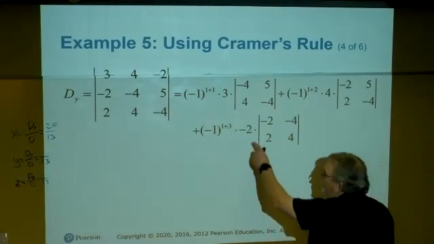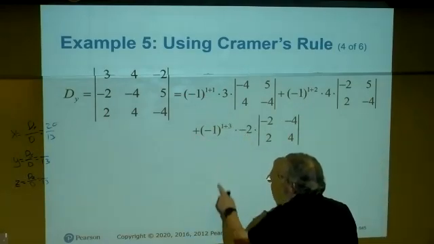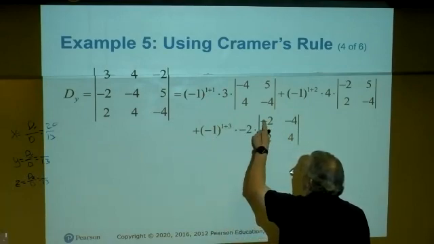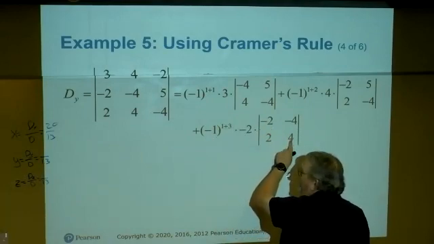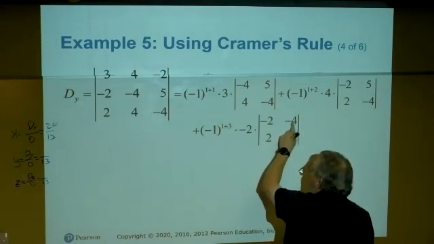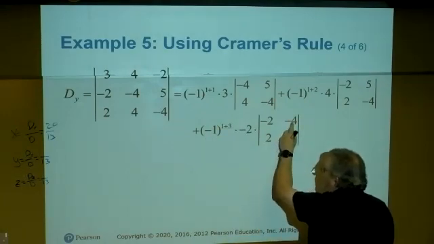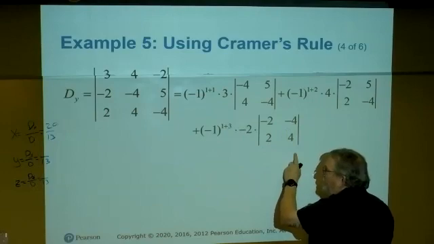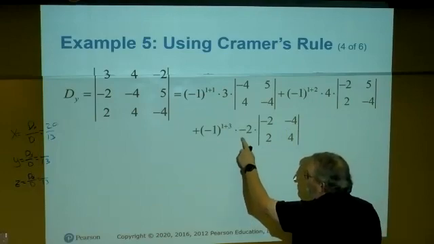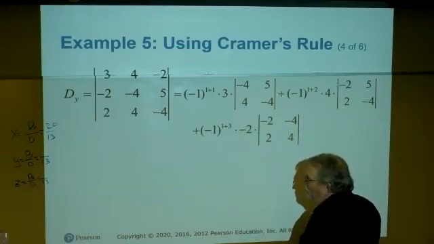And this -2 is going to make this be a -2 times -4 times 4 is -8. 2 times -4 is -8. -8 minus -8 is 0, so this becomes -2 times 0.